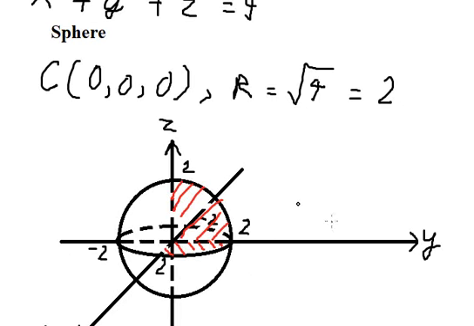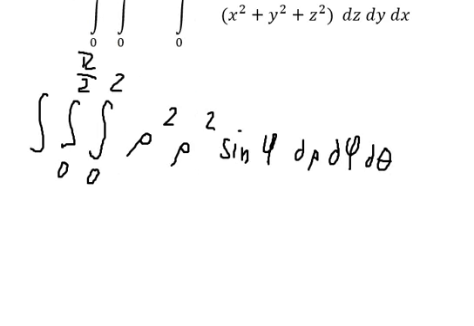About theta, we see that from here they go to here. If we look at the 3D, we see that they go from 0 to pi over 2, so that is from 0 to pi over 2.